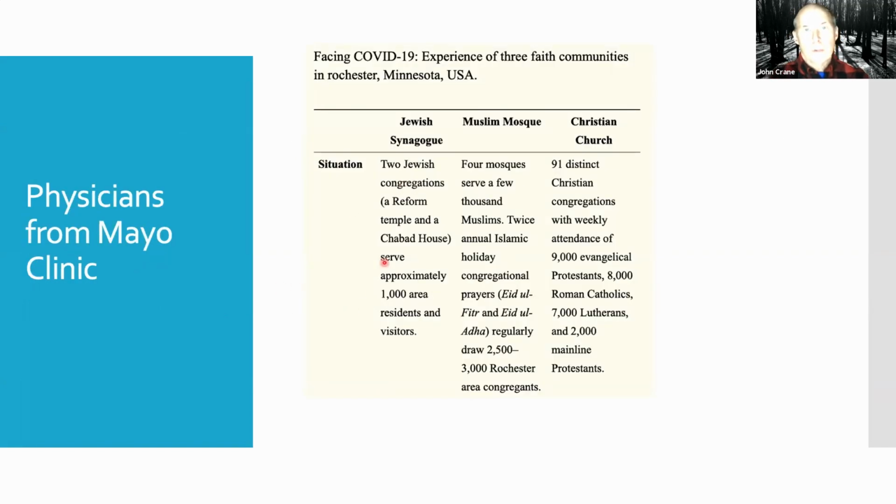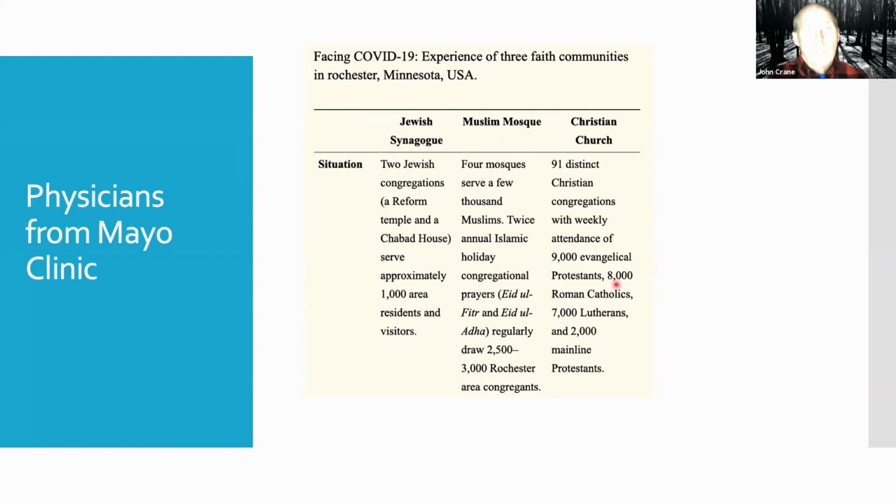And so here's some of the differences between these faith communities. There were only 2 Jewish synagogues in Rochester, Minnesota, and 4 mosques, but they generally have a large population. And of course, there's usually many more Christian churches, but our congregations often tend to be smaller.